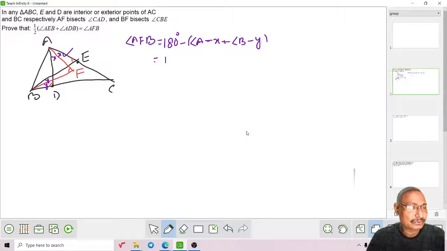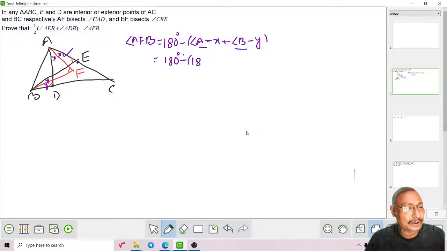Okay. So now we can write this as 180 degrees minus (A minus x plus B minus y). Here we know that in a triangle the sum of all the interior angles is equal to 180 degrees. So angle A plus angle B plus angle C will be equal to 180 degrees.